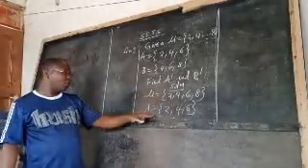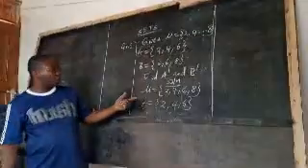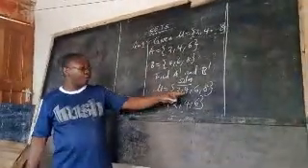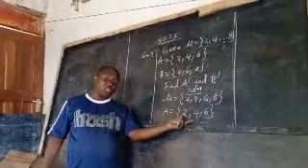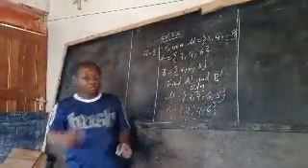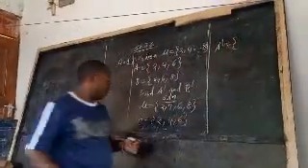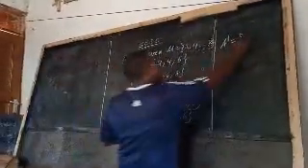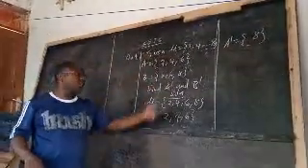In set A we have 2, 4, and 6, but in the universal set we have 2, 4, 6, and 8. The only element not found in set A is 8. So the complement of set A for this question is 8.